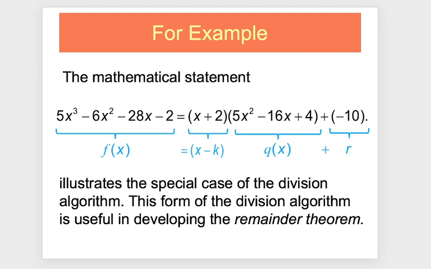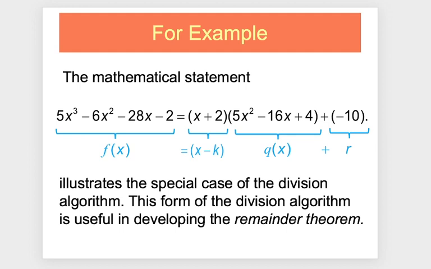And we're moving again in this direction because I've run out of space. And then we're going to add that with the remainder. And the remainder here is negative 10, but you have to divide that by x plus 2 because it's the whole right side divided by x plus 2.